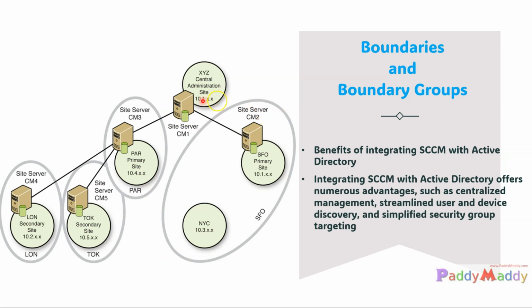You would be configuring location-specific boundary groups. You could configure this entire group as the boundary group called SFO, and this entire group as Tokyo, Paris. Like this you might be configuring. Within this SFO there are two boundary groups. One starts with 10.1, the other one starts with 10.3.